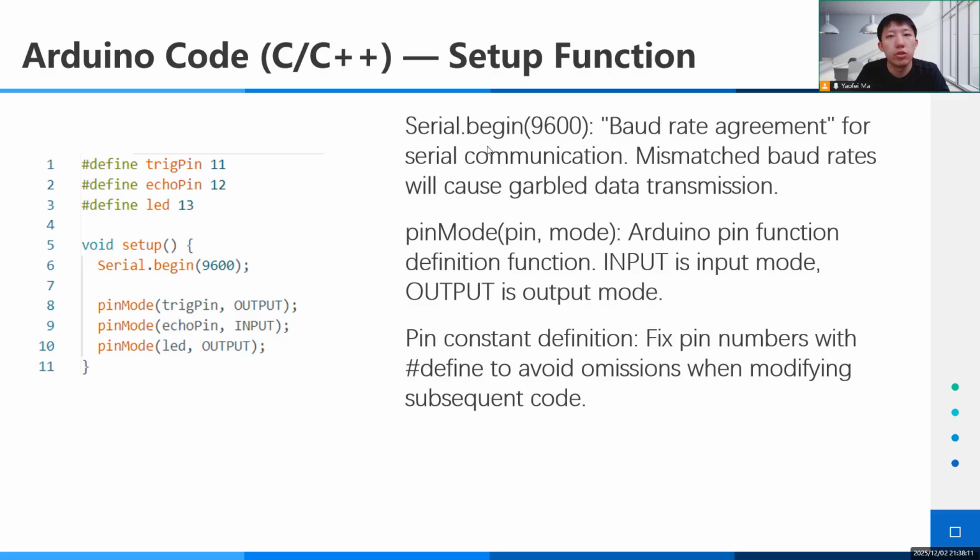This is the communication speed agreed with the C# program, so they must be the same. Finally, we use the pinMode function to set each pin mode. Trig and LED are output mode. Echo is input mode.